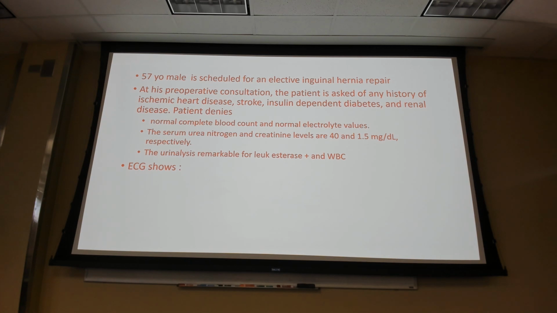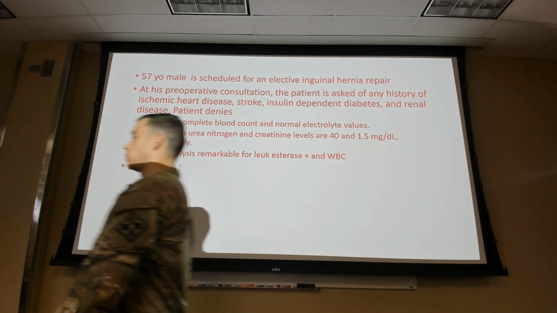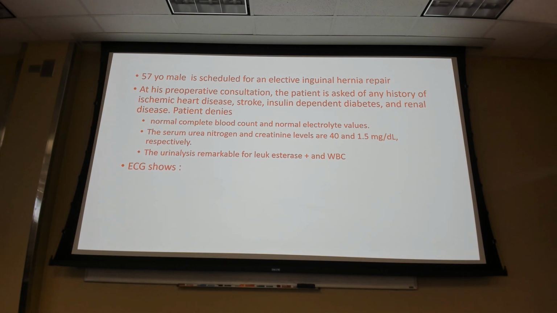So we'll start with our first lecture, which was our pre-op evaluation. Here's your patient. I'll give you a second to read this. All right, so it's talking about an elective hernia repair.